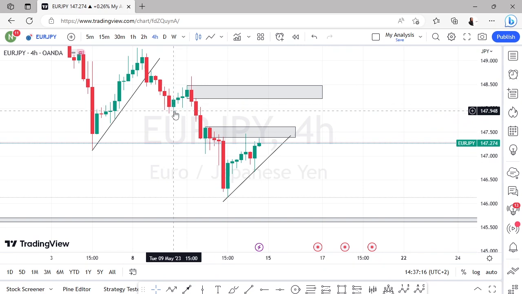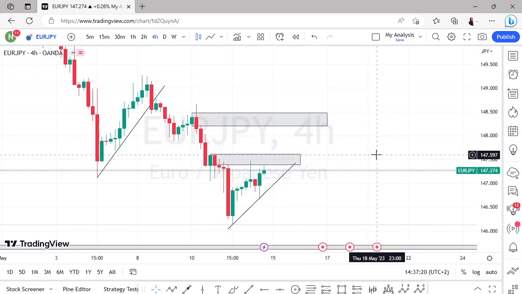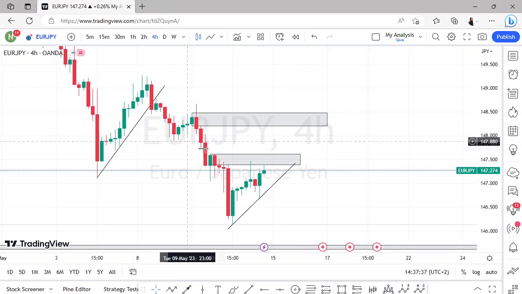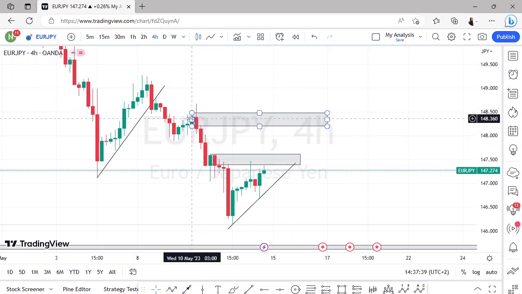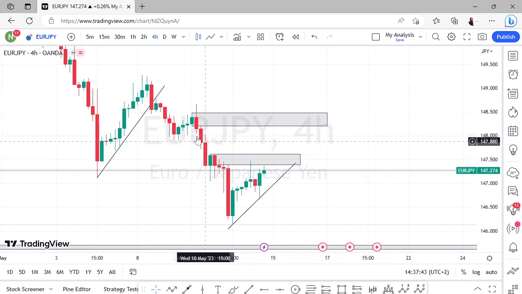I don't want to fill the chart with rectangles, but you shouldn't just trade a flag or continuation pattern or a structure from nowhere. You should have a backup, a foundation, like something like this here.